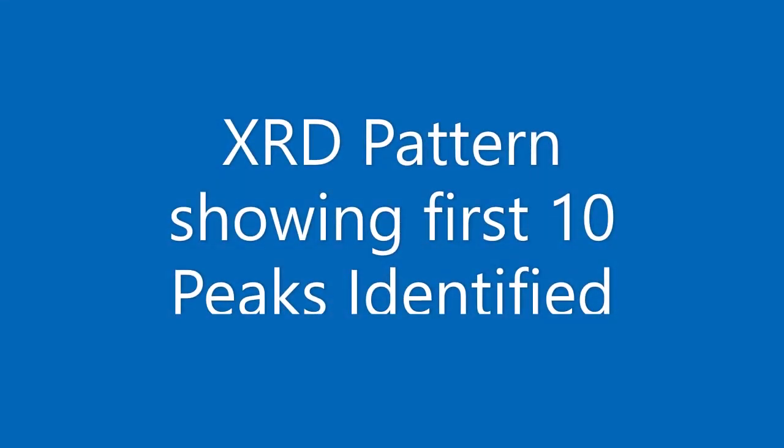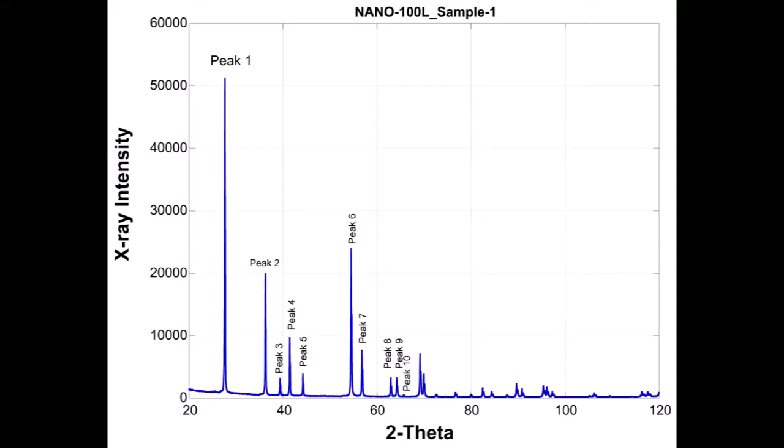Now that the data is finished being collected here, you can see a pattern of the X-ray peak intensities on the y-axis and the 2 theta values where the detector was located on the x-axis. Each peak represents a condition where we've satisfied Bragg's law, which means that each peak can be used to calculate the corresponding d-spacings of a particular set of planes in the crystal.